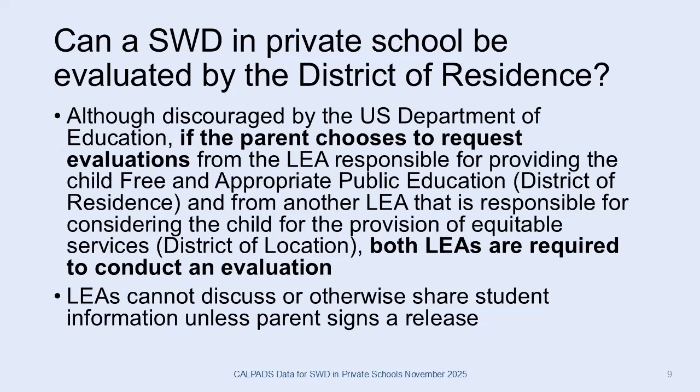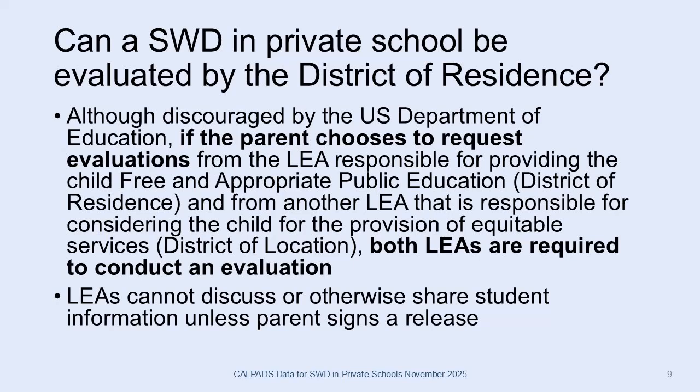We often get asked, we know that the district of location is doing an evaluation, but can the district of residence also do an evaluation? First of all, the U.S. Department of Education, OSEP, actually discourages this, but if a parent requests that the district of residence conduct an initial evaluation as well, they can conduct that evaluation.